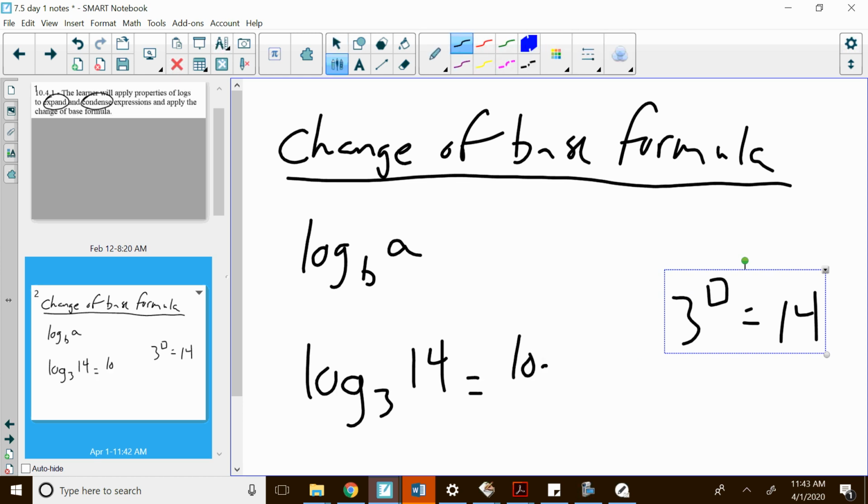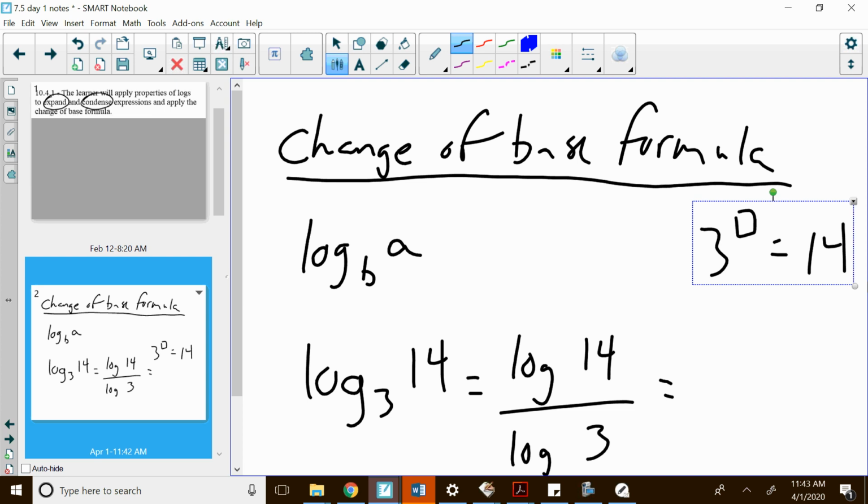the log base 10 of 14 over the log base 10 of 3, which actually what's cool is that not only can we switch it to that, we could also do a natural log if we want to. It's the same as the natural log of 14 over the natural log of 3. So take a second and just plug this into your calculator.